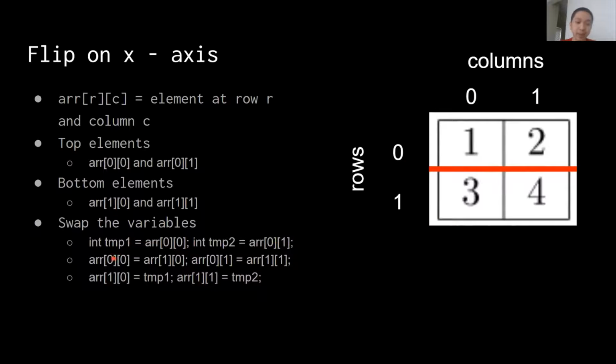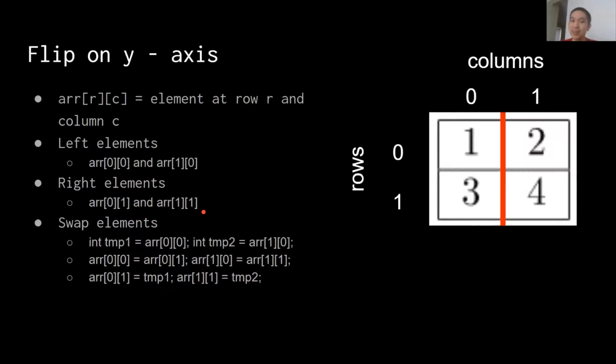This way, I can swap the variables. So here I have 0, 0. I save this. I save 0, 1. And 0, 0 equals 1, 0 because I'm moving this up. 0, 1 equals 1, 1. So this one moves up. And then I move these numbers down, because they're stored in temporary variables. So I'm not losing any information.